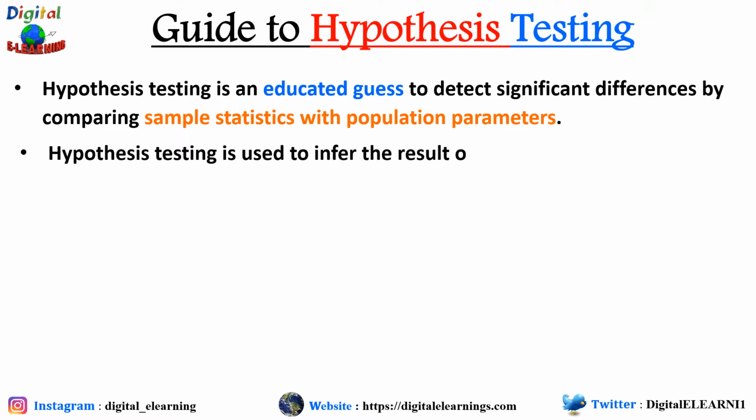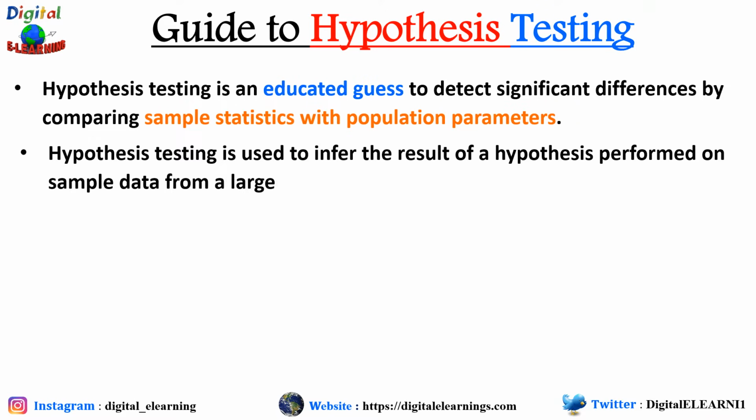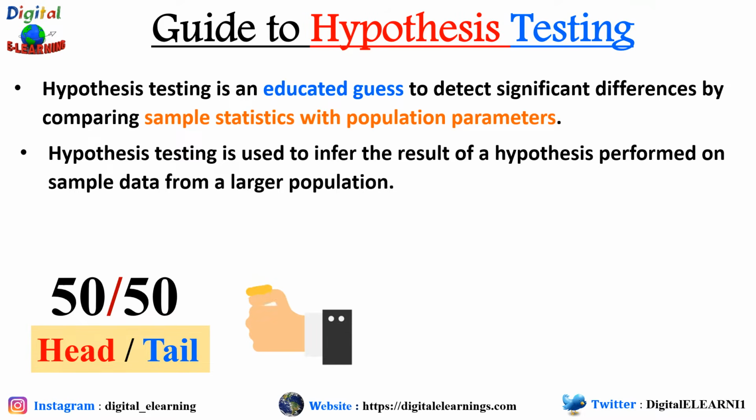Hypothesis testing is used to infer the result of a hypothesis performed on sample data from a larger population by detecting a significant difference, and that difference did not occur by random chance. For example, if we flip a coin 100 times, ideally we should get 50 heads and 50 tails.